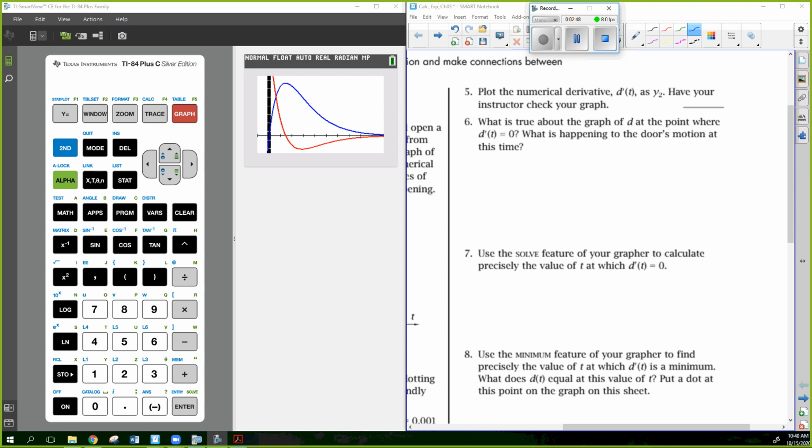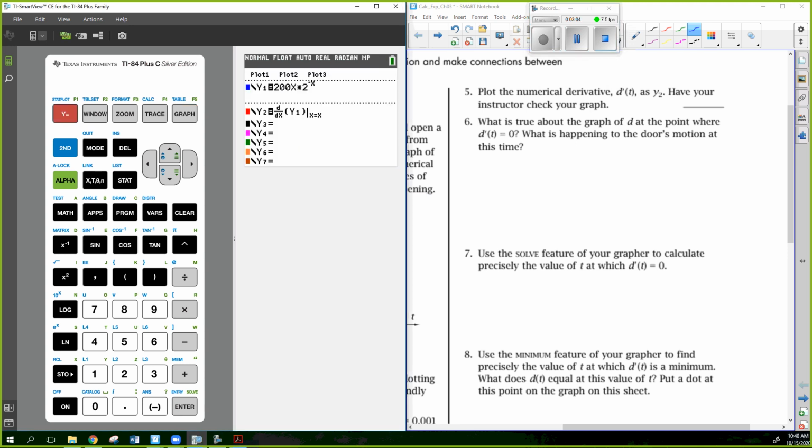Whoops, I gotta turn that off, hold on. How do I do this? All right, you have to have both of those things when you type the derivative. But you have to have the other stuff in Y1 or it's not going to work. So you have to have both of these things typed in. Just try it one more time for me.